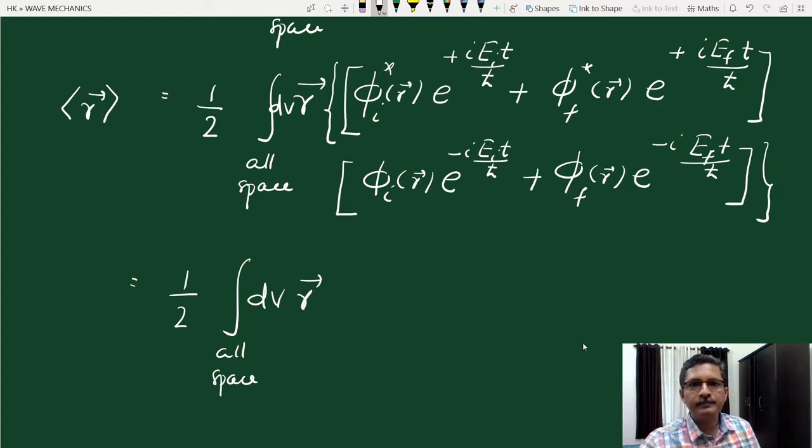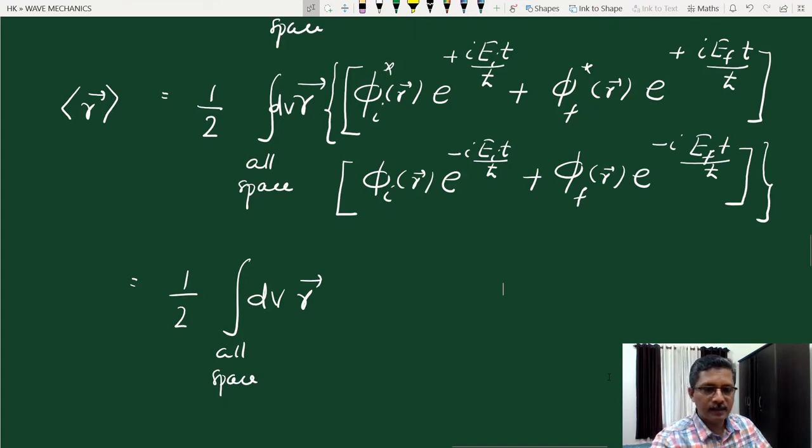Then see here, when the first term phi I star e raised to I E I t by h cross is multiplied with the first term here, phi I e raised to minus I E I t by h cross, the e raised to plus I E I t by h cross and e raised to minus I E I t by h cross will cancel, and what is remaining is phi I star into phi I, right?